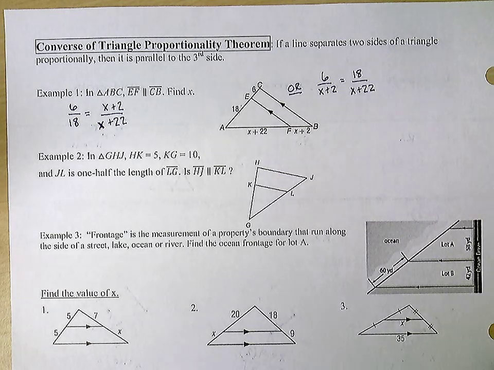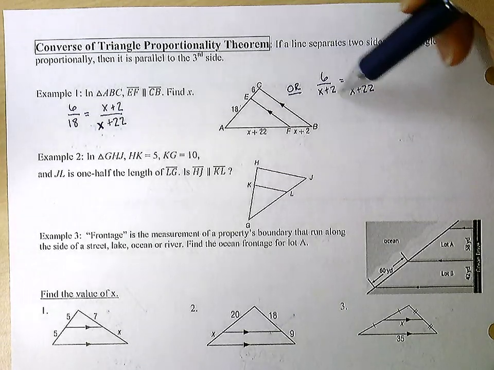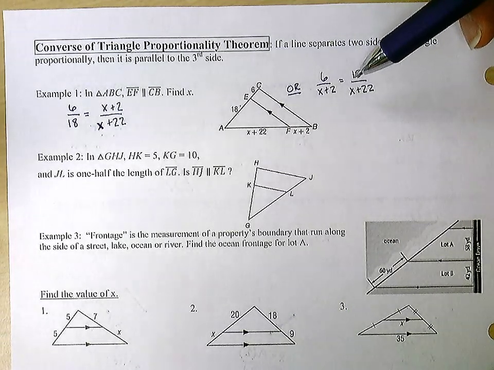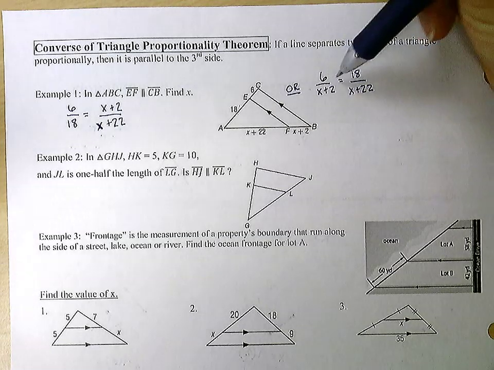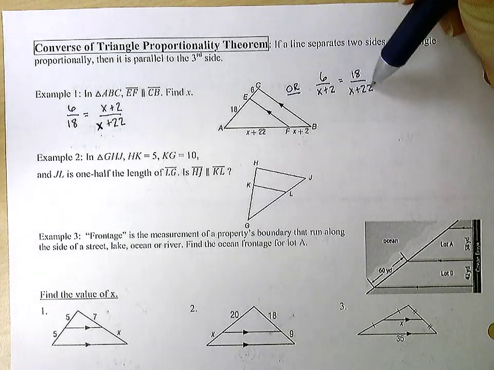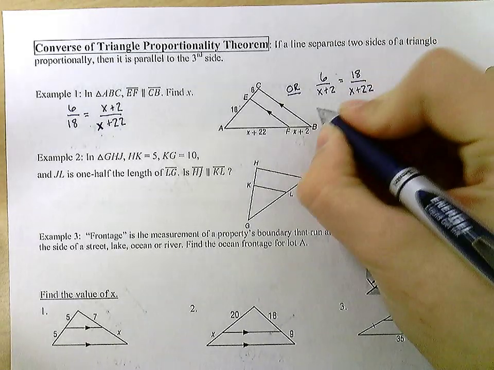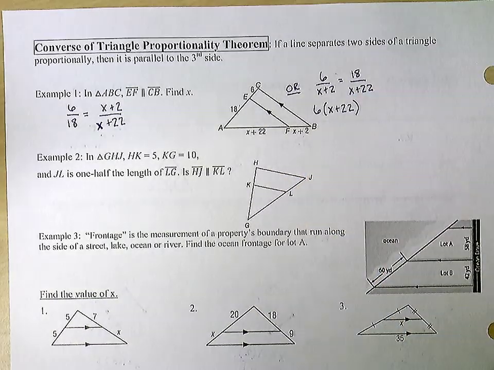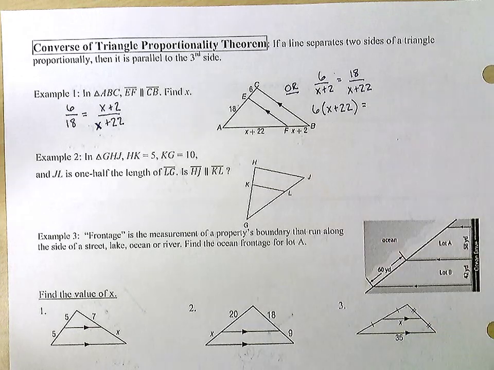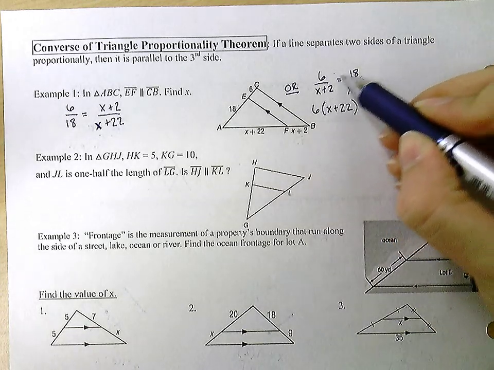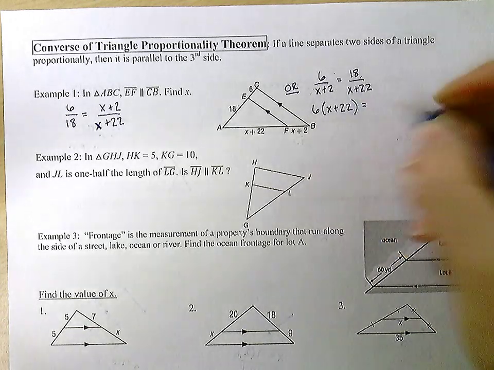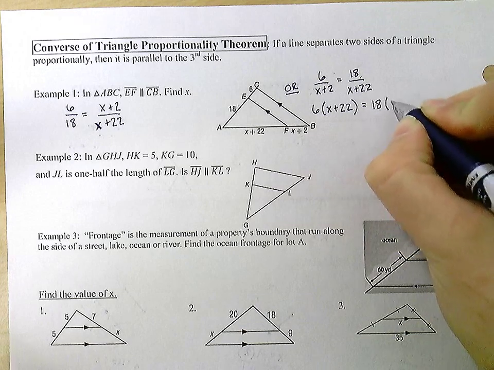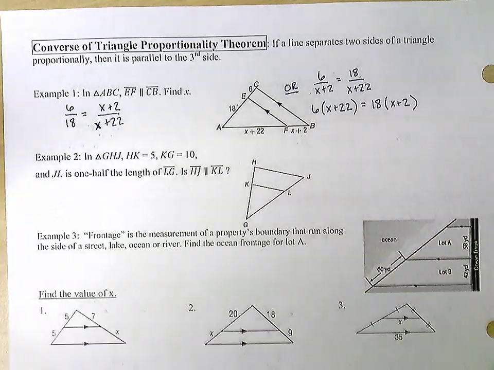So if I just do it this way here, this is a proportion, so we just have to cross multiply. Okay, so I'll take 6 times that quantity, x plus 22. Okay, that's equal to these two multiplied together, so we have 18 times x plus 2.